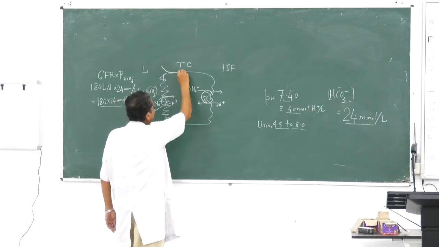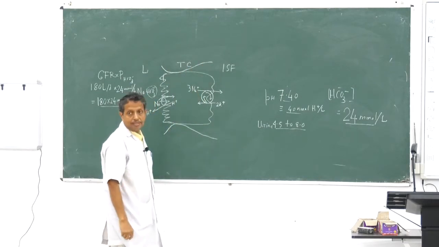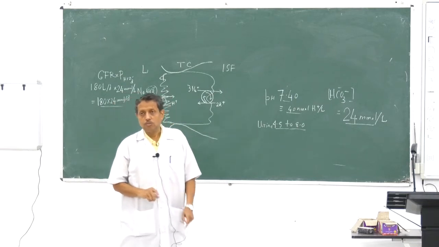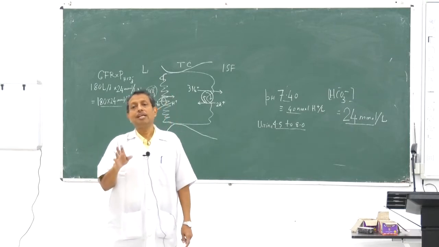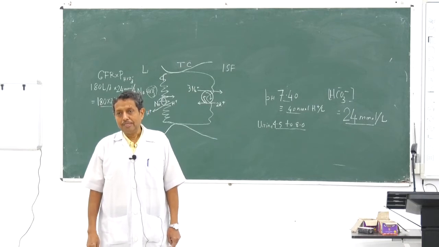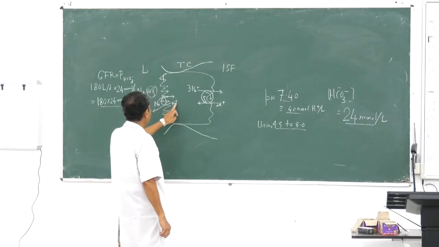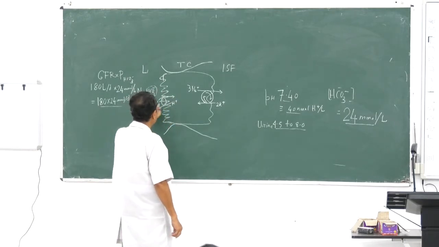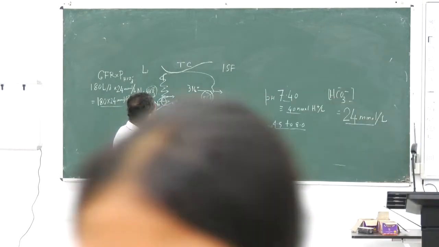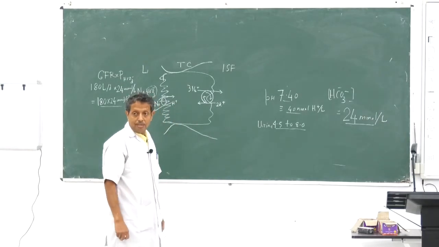If you take another cell, the concentration of sodium ion within the cell is maintained low by the sodium potassium pump, and this electrochemical gradient of sodium is driving the sodium ion from the lumen into the cell, and hydrogen ion from the ICF, intracellular fluid, to the luminal side to be eliminated.